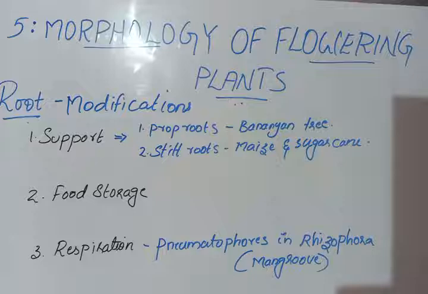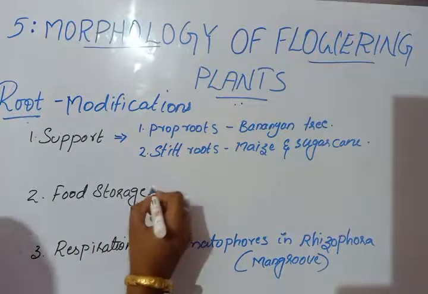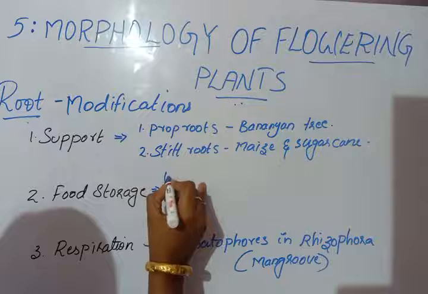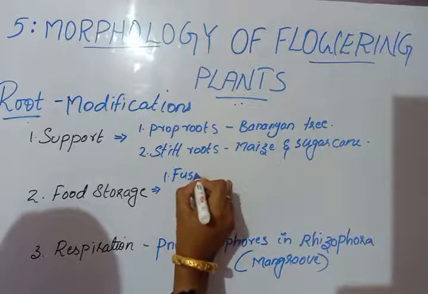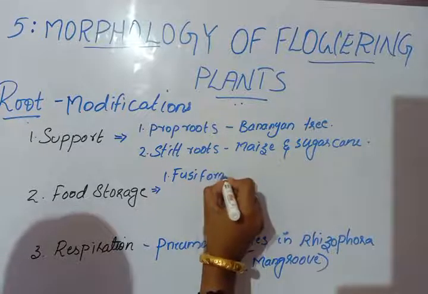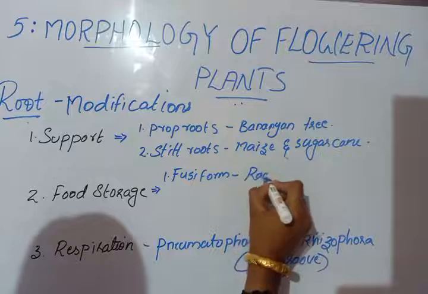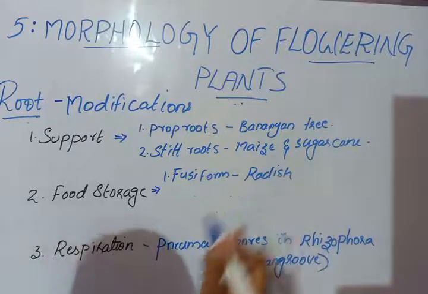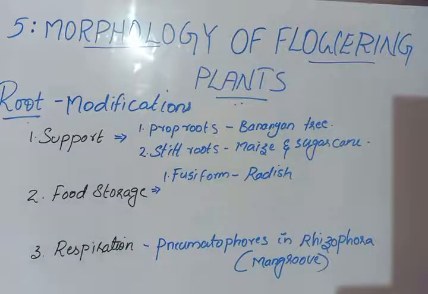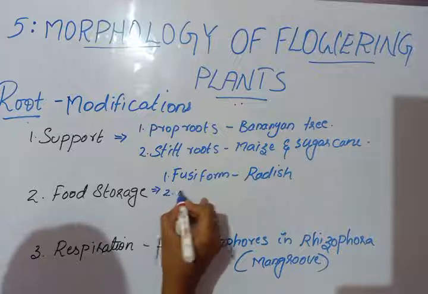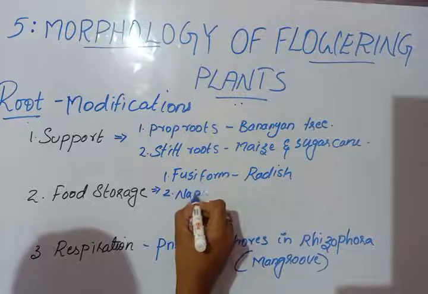Then for food storage, there are several. First one, fusiform. Fusiform shaped modification can be seen in radish. Then napiform shaped modification is seen in turnip.